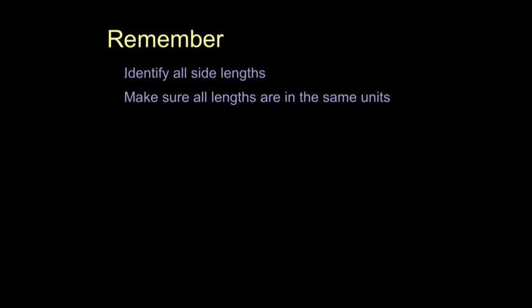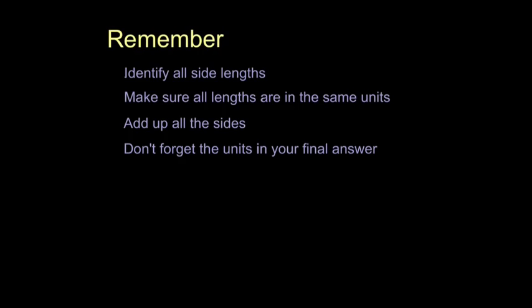So just a checklist for you to use every time you work out a perimeter question is: number 1, make sure you have all the side lengths accounted for. Then you need to make sure that all those lengths are in the same unit. Finally, you get to add up all the sides, and when you write your answer, please don't forget the units.